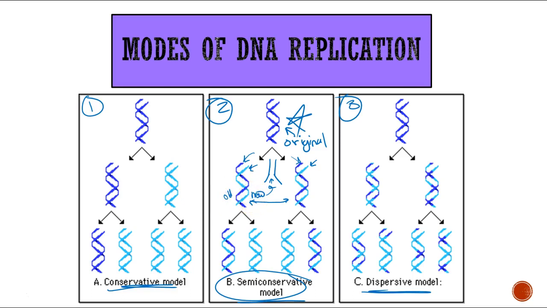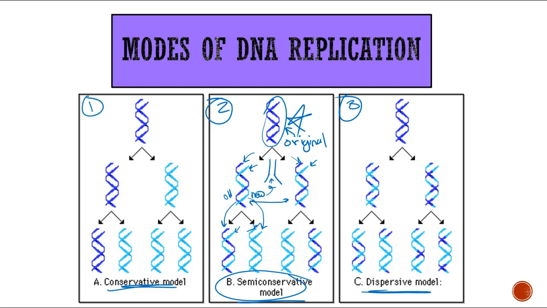So that's semi-conserved: the original strand is partially conserved in both of the new molecules, and then those go through replication again. Again, this old blue strand is here, and the light blue strand would have been here or here, but either way it would have been split up, and new strands would have been built complementary to these two template strands. This is how DNA replication works. That is the semi-conservative model.